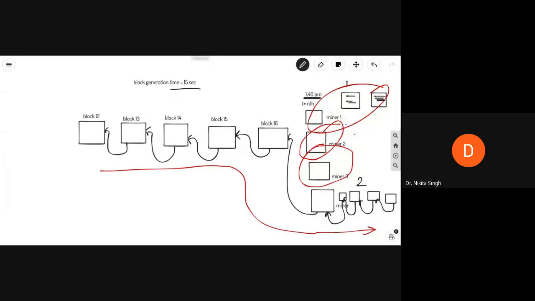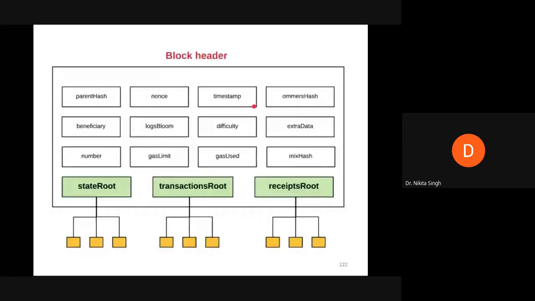Now this incentive is not the same as what you receive when you mine a new block, but still you get an incentive. Okay. So the root hash of all the transactions in the Omer's block is known as the Omer's hash here.